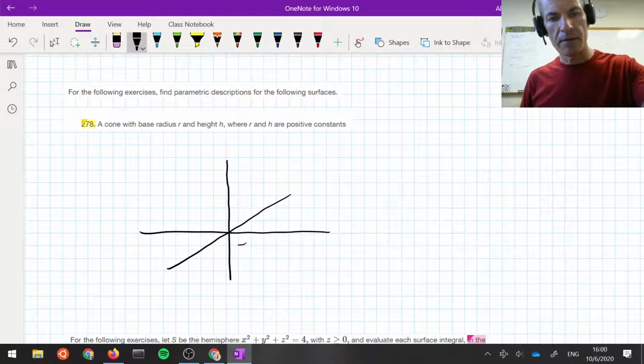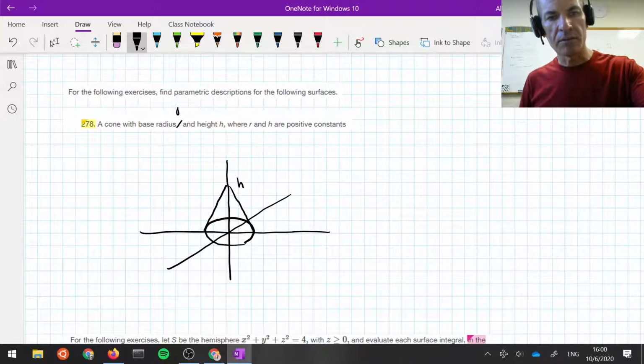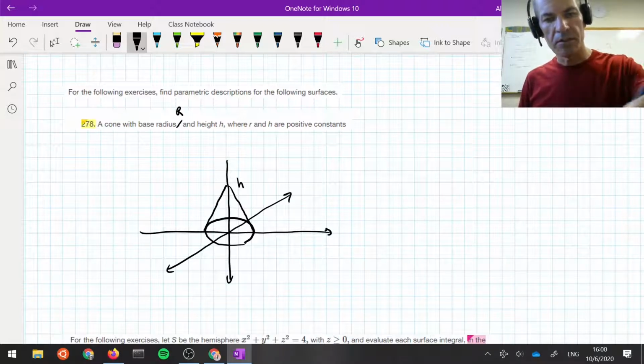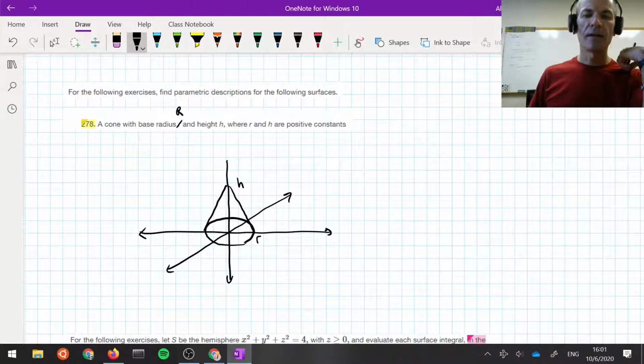So we're talking about a cone with a circular base and then going up along the z-axis, a height h, and then this radius. I'm going to use big R instead of little r here because I'm going to eventually switch over to cylindrical coordinates, and I just want to avoid the confusion. So the radius of that base circle is R.